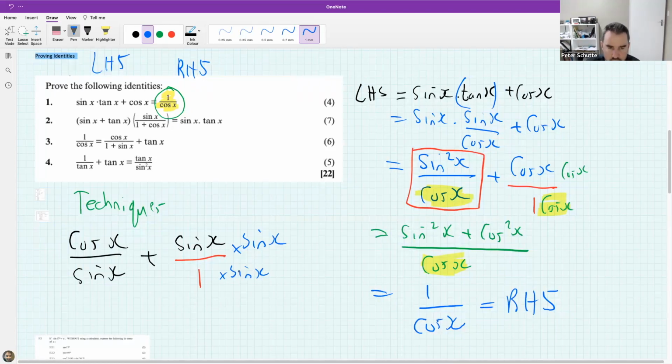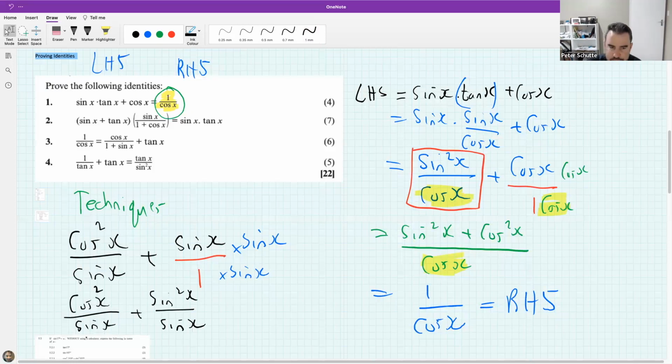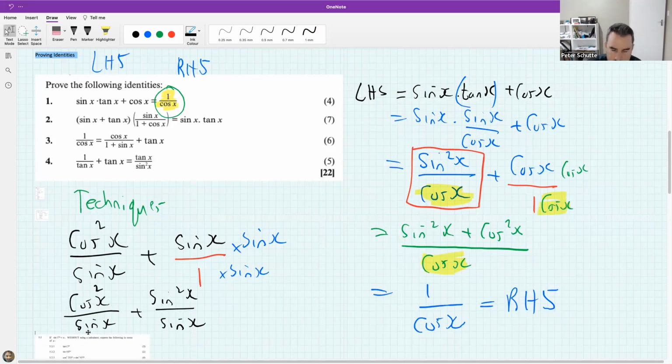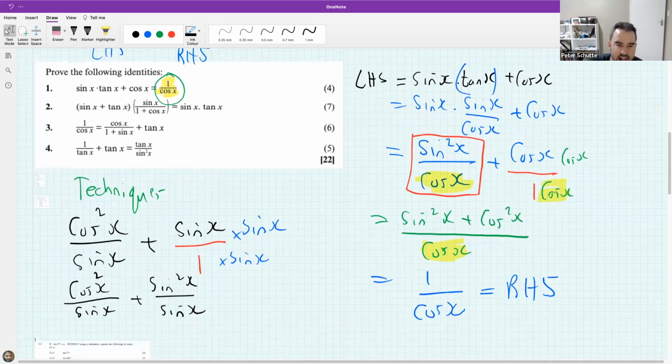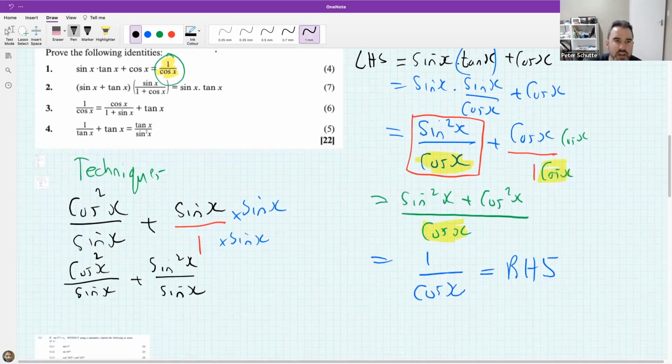So what I do is I multiply the top and bottom by the same thing. Then, let's pretend this was a cos squared to start with. Then, if I now do this, I get that.